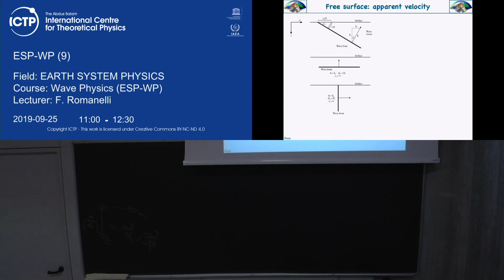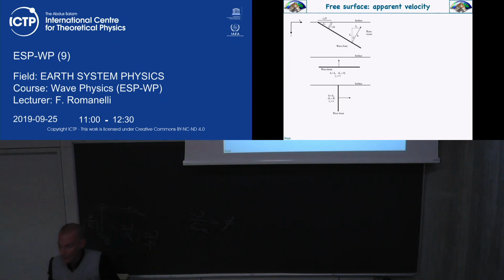And this situation corresponds to the case when k is totally kz and kx is 0. Now, what is kx? Well, kx is omega over Cx. That is the horizontal apparent velocity. It's just the projection. In this extreme case here, you can imagine that it is 0. Why?